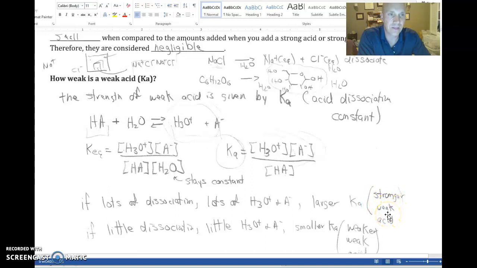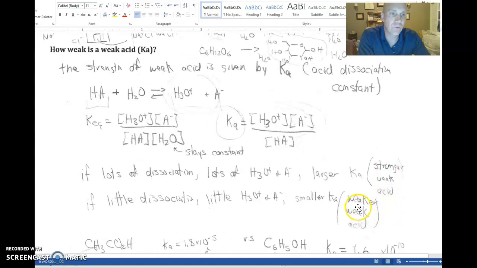I know that sounds like a contradiction in terms, but we're going to contrast that with a weaker weak acid. If very little dissociation happens, so if you add this acid to water and it says, you know what, I'm pretty happy just staying connected, a very small percentage of my molecules will break apart and give their hydrogen to water.